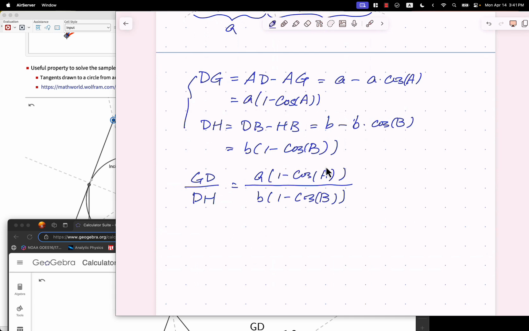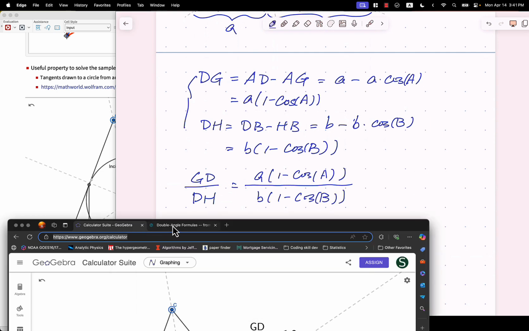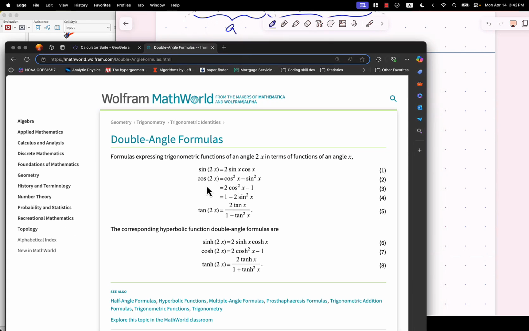Well, it seems we are kind of stuck here because we can do nothing with the cosine A and the cosine B in the parentheses. However, if we use the double angle formula, you can see cosine 2x is equal to cosine squared minus sine squared, and this is exactly 1 minus 2 times sine squared. So if we have 1 minus cosine 2x, we can remove the 1 here, and it becomes 2 times sine squared x.